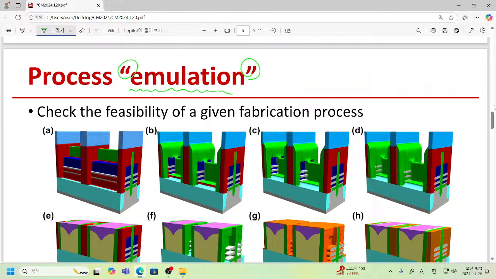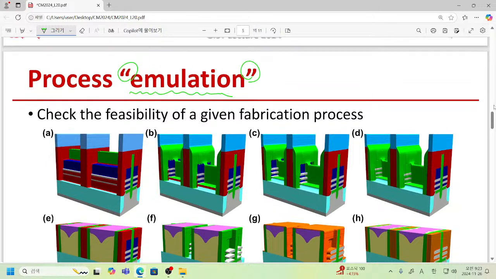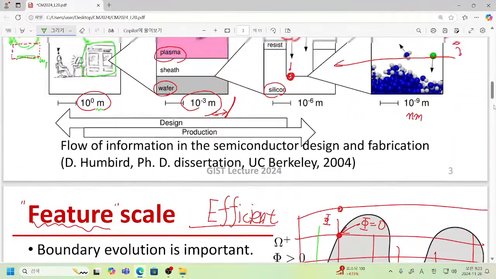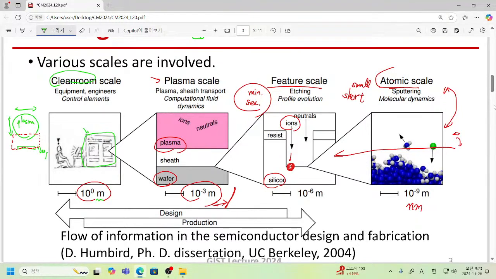Emulation here means that we don't care about the detailed physical mechanisms that actually produce this kind of etching process. As we have seen in our previous slide, the change of shape in this feature scale is always related with physical mechanisms happening in the atomistic scale.